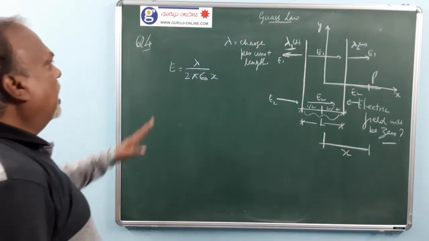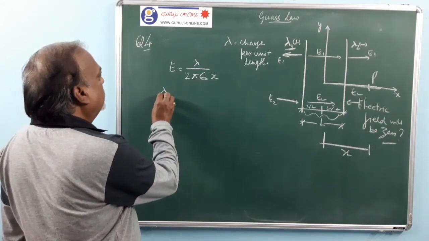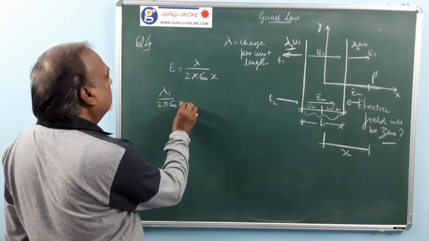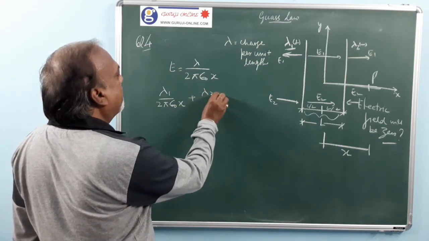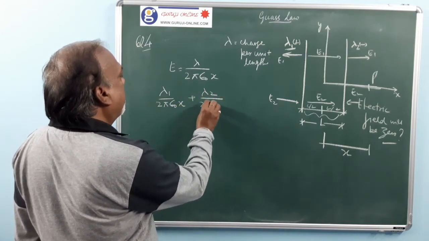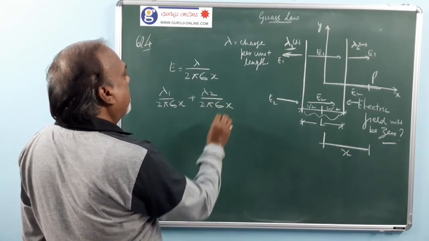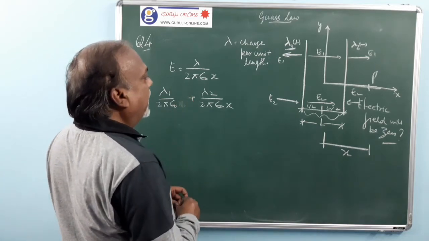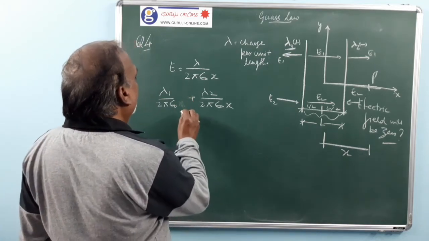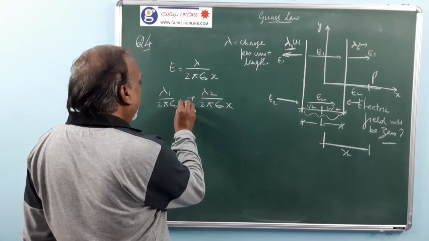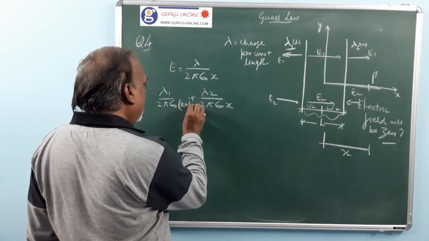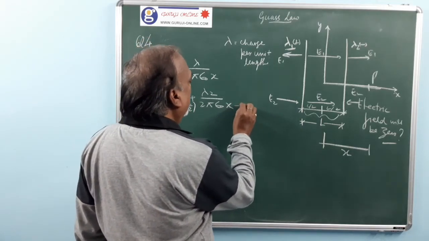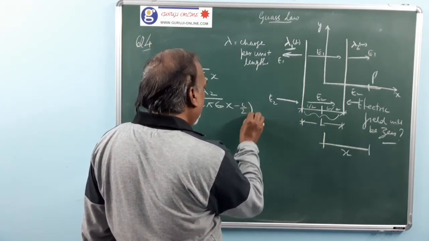So now since electric field is 0, here the distance will be x plus L by 2, and here x minus L by 2.